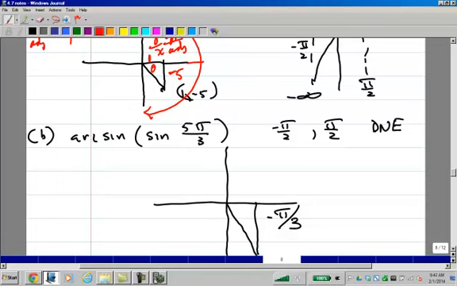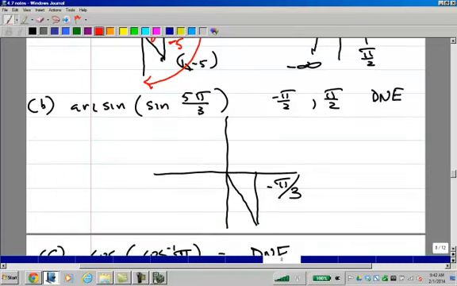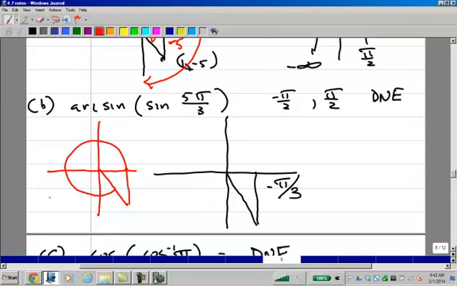So we're doing 5 pi over 3. Okay? Well, first let's draw 5 pi over 3. Here's 3/3, 4/3, and here's 5/3 pi right here. 5 pi over 3. All right.